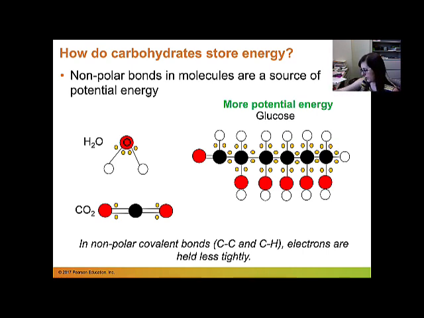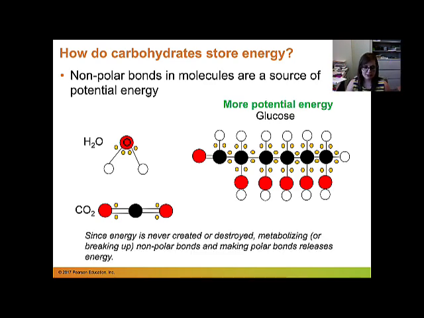And so if you think about carbon and oxygen, right, it's like they were held together by magnets. You had to pull them apart. They were really stable, had very little potential energy. Carbon and hydrogen, right, these bonds are weak, and they just pull right apart, right? But they store lots of energy.